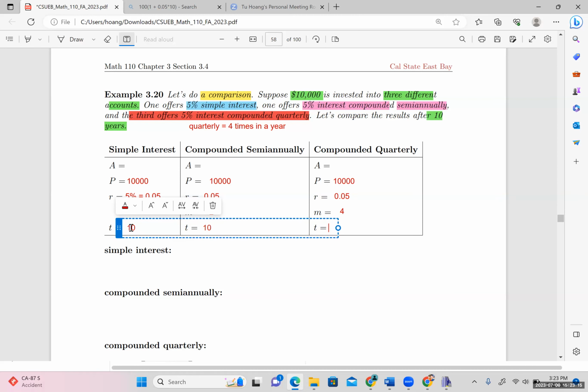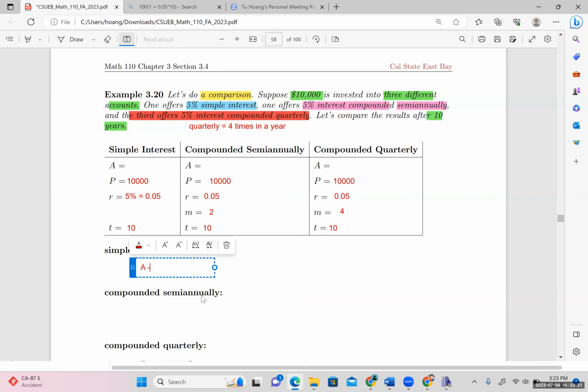Okay, now let's calculate. The simple interest formula is A equal to P times (1 plus R times T), right? So I have 10,000 times (1 plus 0.05 times T, which is 10).